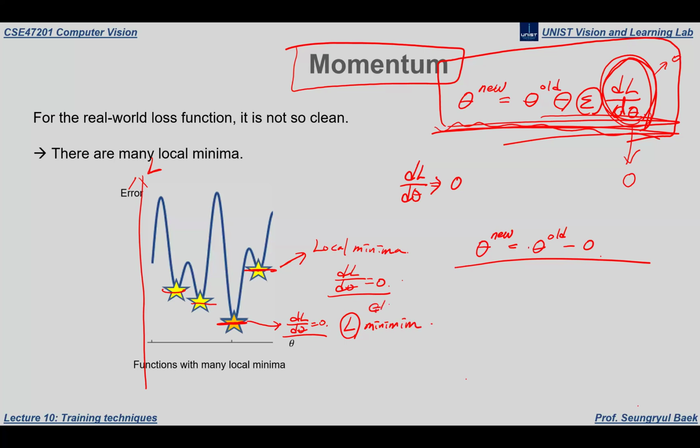So that is called the global minimum, okay? This is the one global minimum, but all the others, their first order gradient is zero, so there's a high probability that the optimization stops there, but they are not globally minimum.